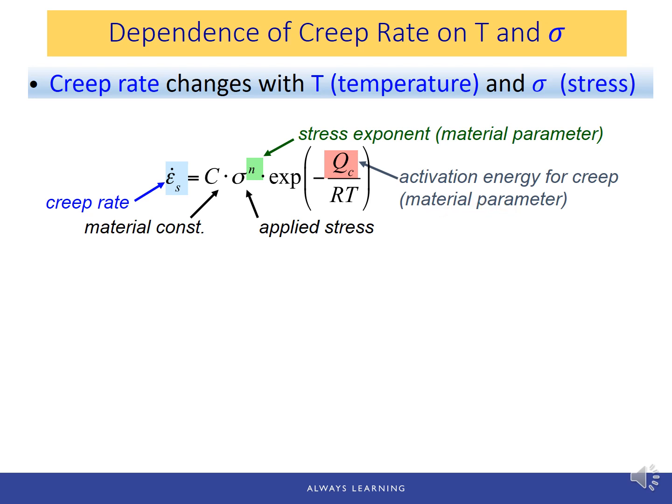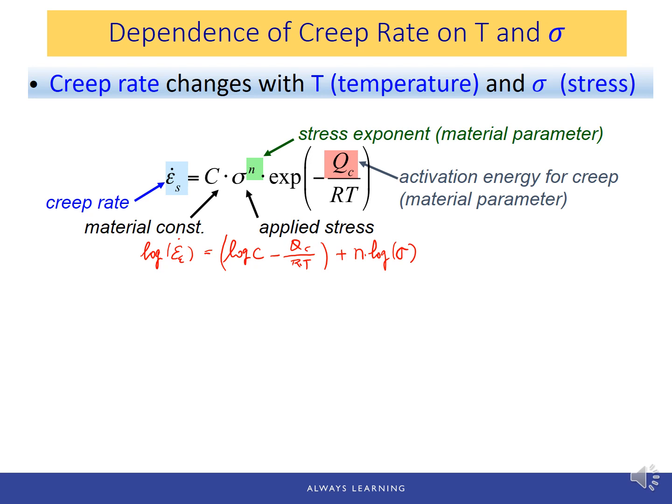This equation looks a little bit complicated, and we cannot directly see the relation between the creep rate and temperature and applied stress. But if we take the logarithm on both sides of the equation, we have log creep rate equals log C minus Q_c over RT, plus n times log sigma, the applied stress.